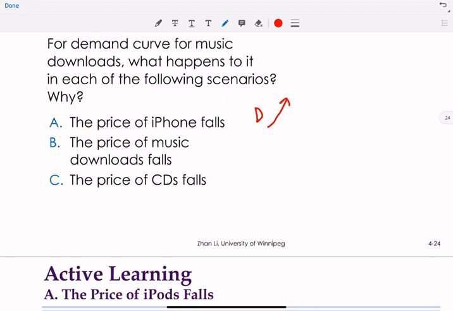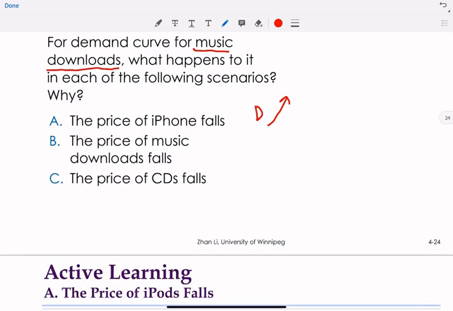Okay, the second case, the price of music downloads falls. Now, in this case, you can see that we are talking about music downloads. And now the price of music downloads falls. So what we should observe here is a movement along the demand curve, right?